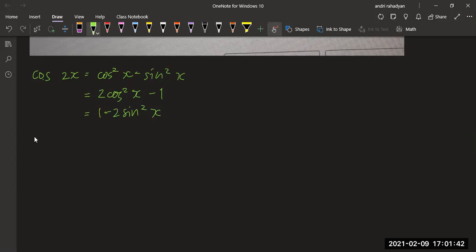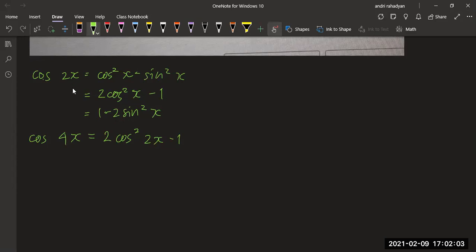So if we have cosine of 4x, it's equal to 2 cosine squared of 2x minus 1. We use the second equation.